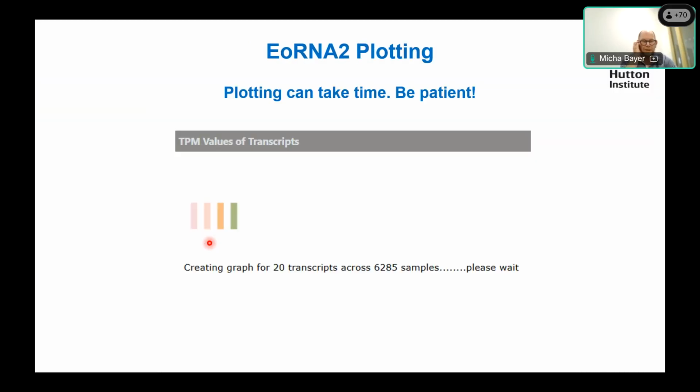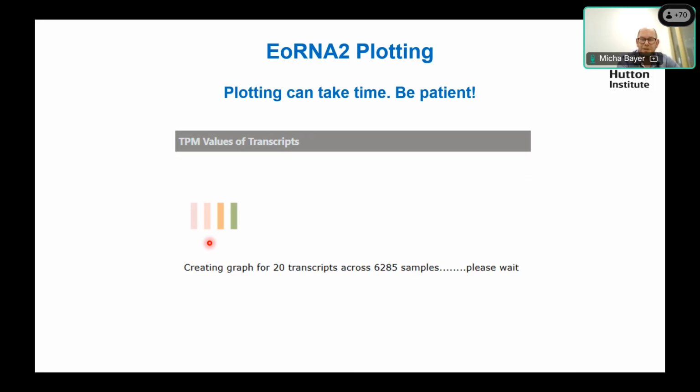I'm going to make a little comment here about plotting. We spent quite a bit of time trying to improve the efficiency of plotting, and we're using different graphics now, which makes it much quicker. Generally it works very quickly. But if you've got a gene that has, say, 500 transcripts, and you're trying to look across 6,285 samples, it will take time.